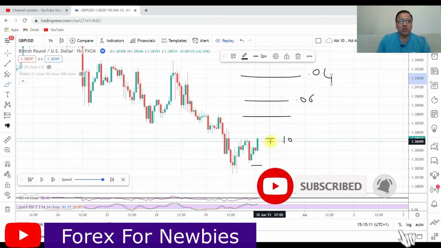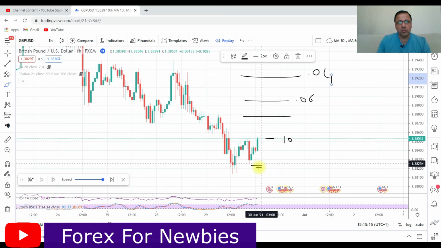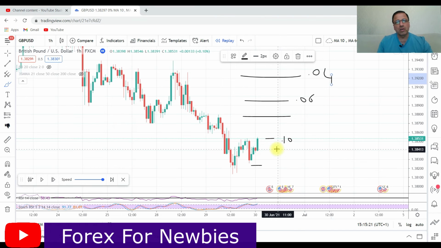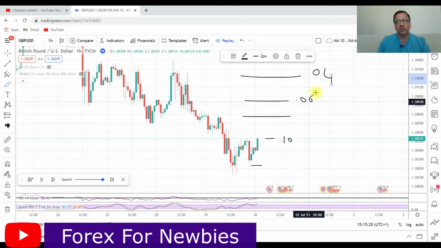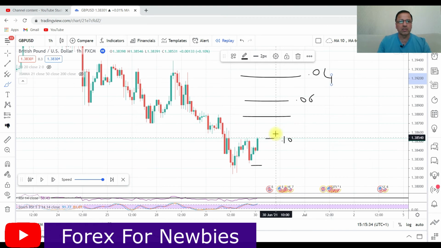And even if you forget to move your stop loss to break even, and these 2 come back and hit your stop loss, your trade is closed on break even, because you have earned profit on 0.10, and these together make 0.10. They hit your stop loss, and at least you haven't lost anything in this trade.